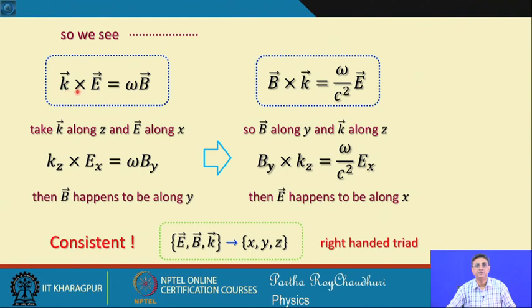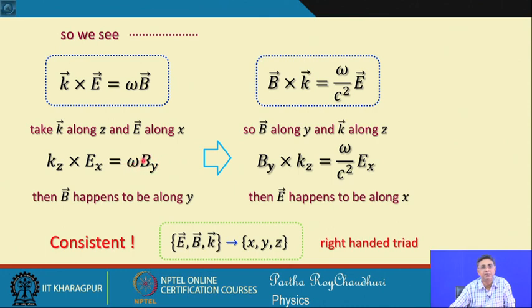So, you see K cross E equal to omega B, B cross K equal to omega upon c square E. If we consider this example, let us suppose that I take the electromagnetic wave to be propagating along the z direction, then I can write K equal to K z, and if I consider the electric field is oriented along the x direction, then K z cross E x should give me omega B y.